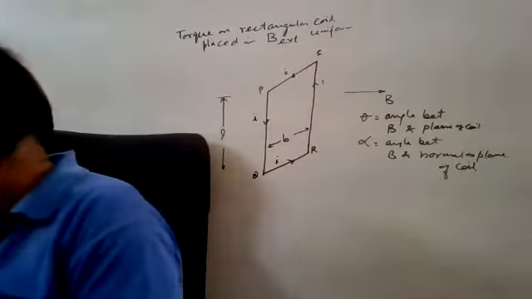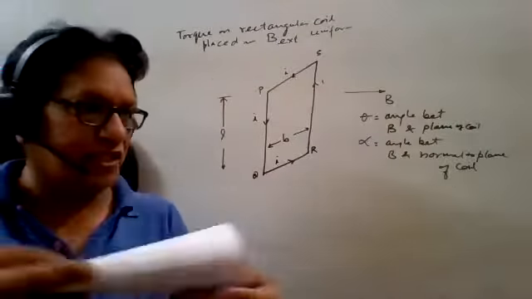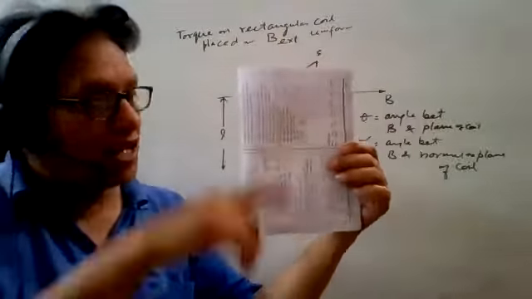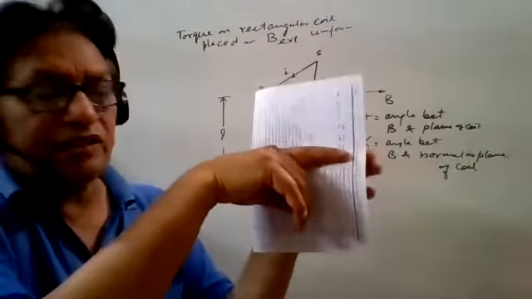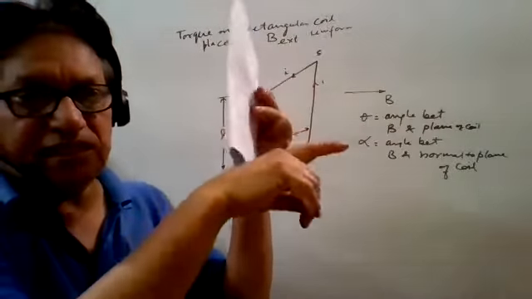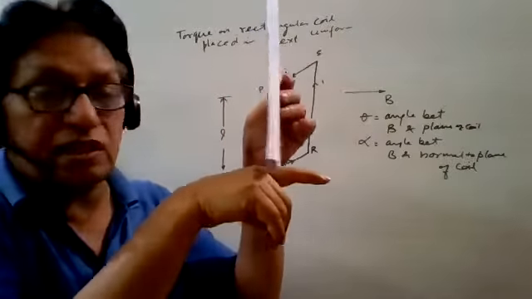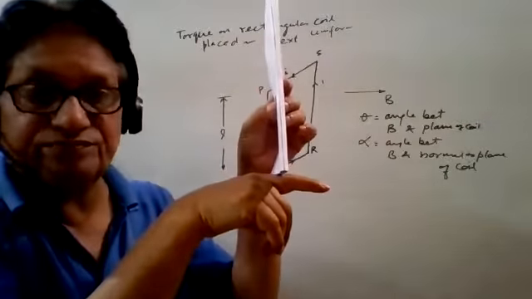See, the situation is like this. Suppose I am having this paper, like this is the coil, and this is the magnetic field. The plane and the magnetic field are now parallel. And suppose like this, this is the magnetic field, this is the plane of the paper. So you can say the plane of the paper and the magnetic field are perpendicular.